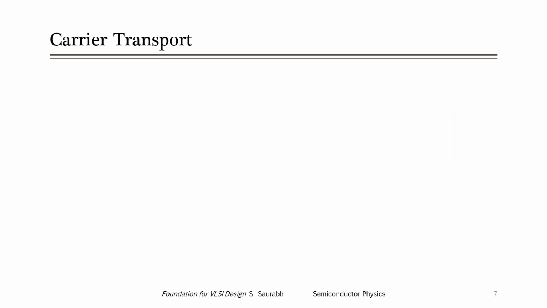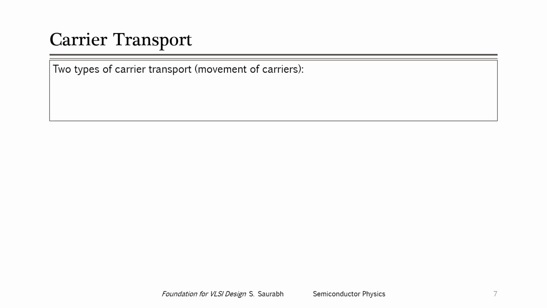Now let us look into the carrier transport mechanism in a semiconductor. In a semiconductor, there are two types of carrier transport, or movement of carriers. The first one is drift, and drift is due to the electric field, right? We apply an electric field, and electrons or holes move from one region to the other. That is known as drift.